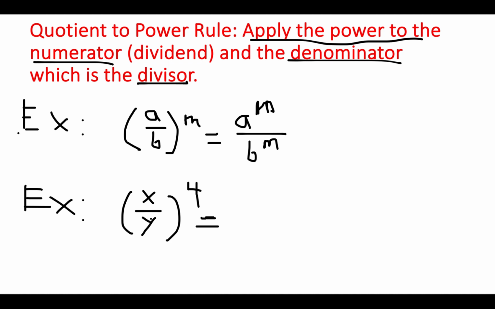So what we would do is apply the power of 4 to these values. So really we can just say x to the power of 4 over y to the power of 4. And that's how you do it.